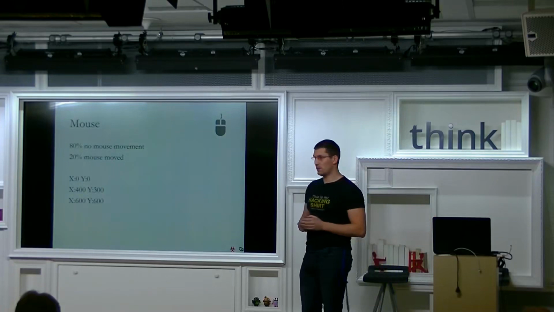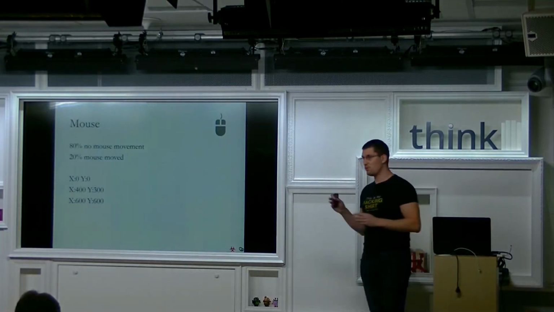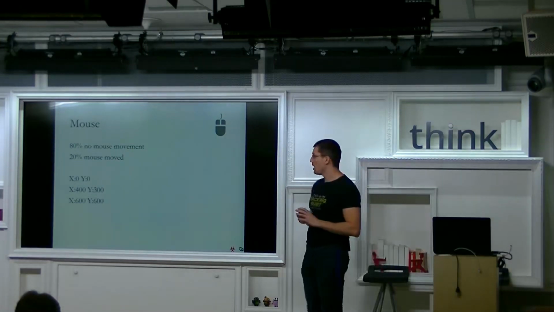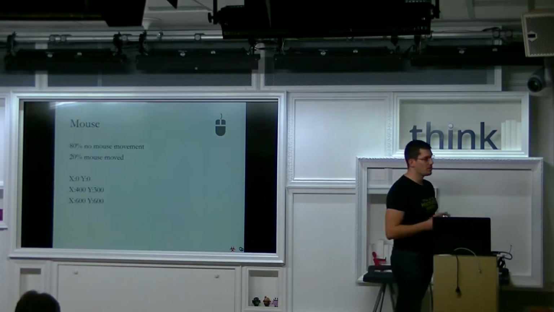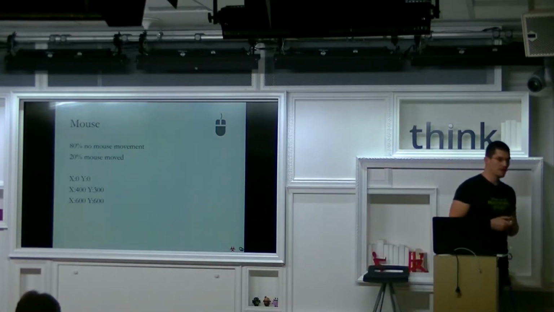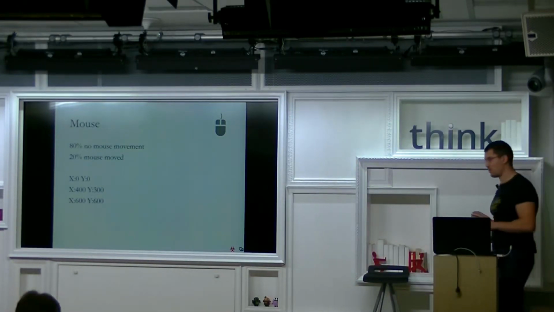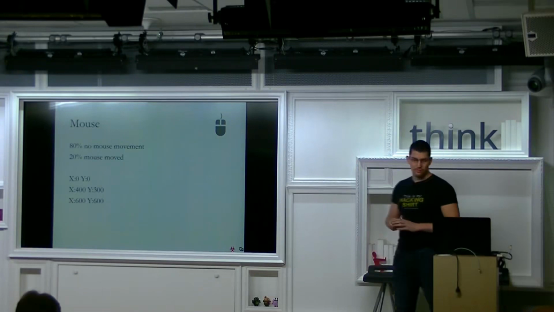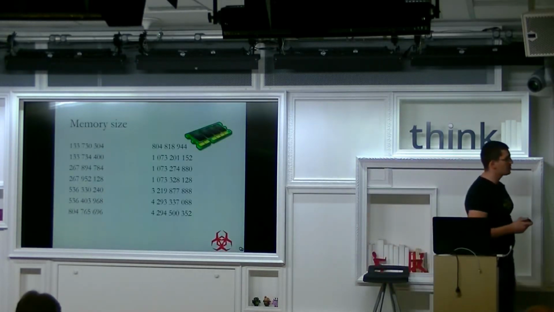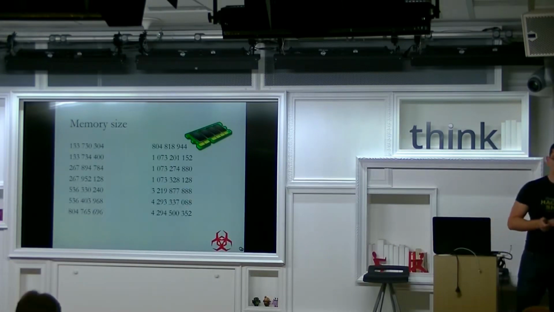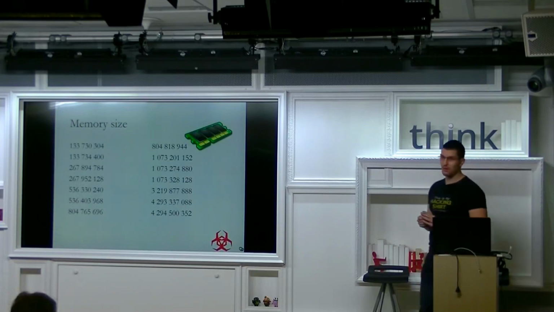I have also checked the mouse movement, whether it's simulated, meaning that there is a user moving the mouse during the analysis. It was pretty shocking to see that only 20% simulated the mouse movements, and there were some very basic positions on the screen where the mouse was used. I have also checked the memory size, because nowadays I'm not sure a lot of people use computers with 1 GB of memory.